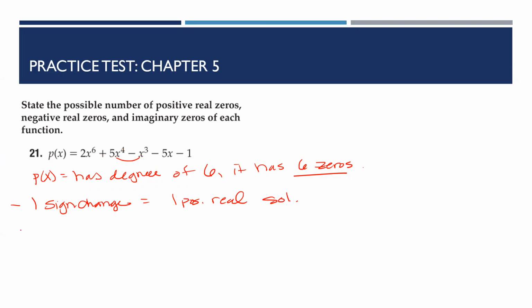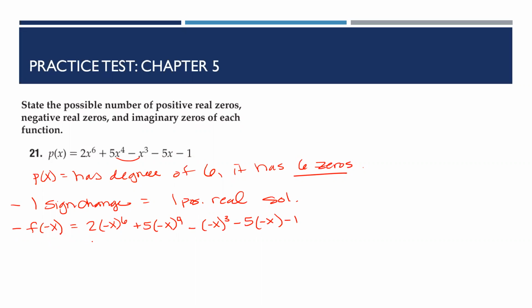And then we need to count the number of sign changes for f of negative x. So if I put in a negative x for each one of these, for every place I have an x here, I end up with 2 negative x to the 6th power plus 5 times negative x to the 4th power minus negative x to the 3rd power minus 5 times negative x minus 1.